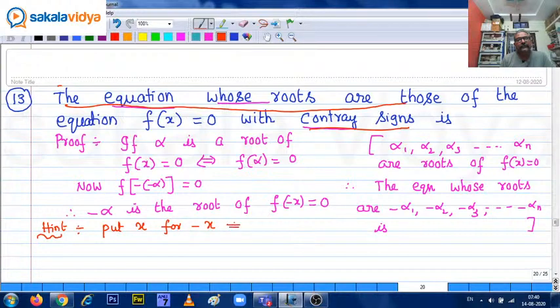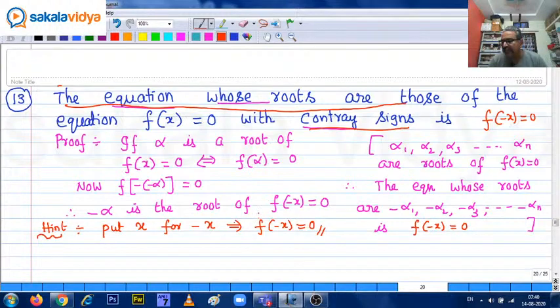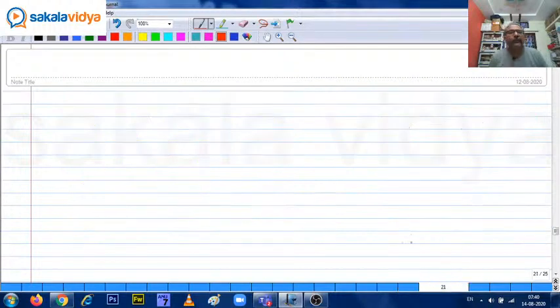That implies f of minus x equals 0. Simply substitute x for minus x in the given equation. That's all. So let us discuss one example.